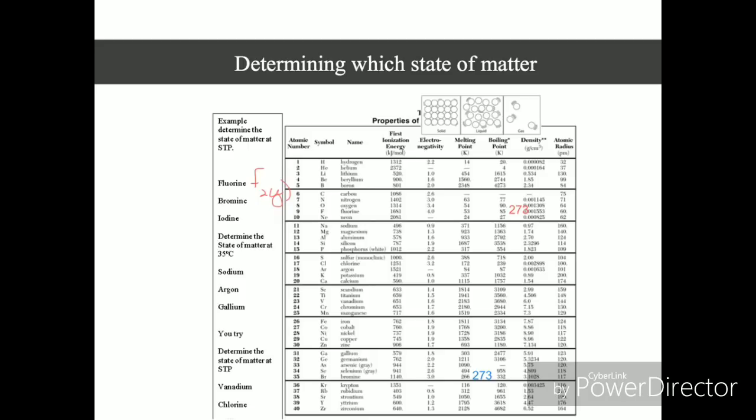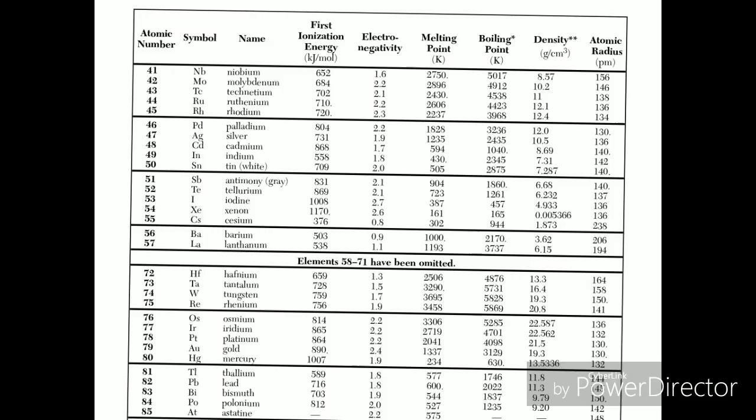So bromine is a liquid at STP. For iodine, you're going to have to refer to the second part of reference table S. And we're still going to insert 273, which is the same as STP, into our number line. 273 falls before the melting point. So that means iodine is a solid.